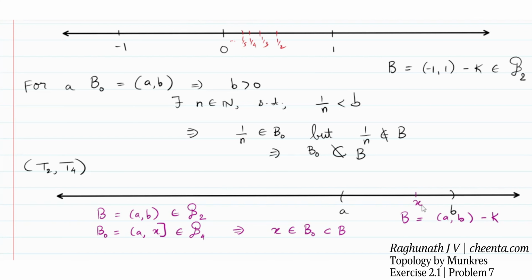Suppose x belongs to capital B. Then I can always find a 1 by n value if at all it is present, say a 1 by m value, such that either I will be able to find this, which is 1 by m is less than x and x is less than 1 by (m minus 1).